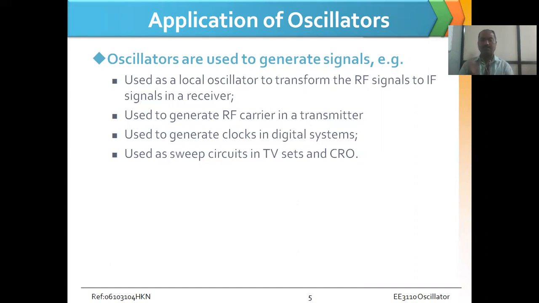Audio signal does not travel a long distance, so that audio signal is mixed with the high frequency signal and then transmitted. Your audio signal is superimposed, which means added with the high frequency signal. This is the work of your transmitter. The transmitter mixes your low frequency signal, that is the audio signal, with the high frequency signal, and then it is transmitted. This is the work of your transmitter.